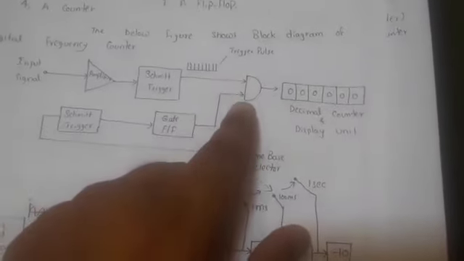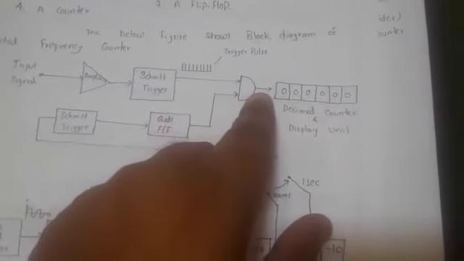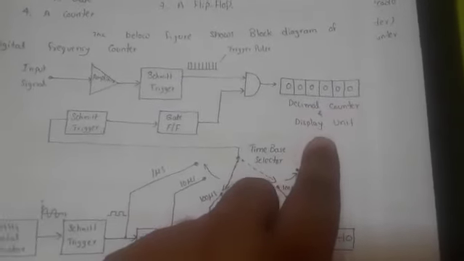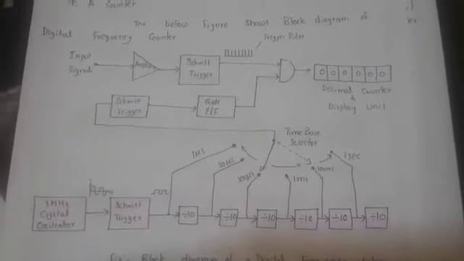So depending on the inputs, the AND gate converts it into output, and that will be counted by the decimal counter, and this one is the decimal counter and display unit. So in this way we can display the frequency in the display unit. So this one is the working operation of digital frequency counter.